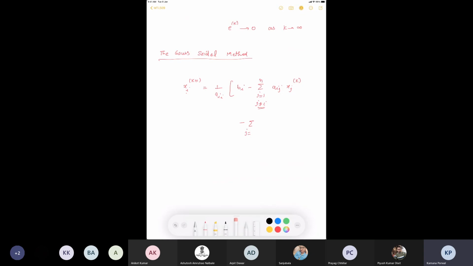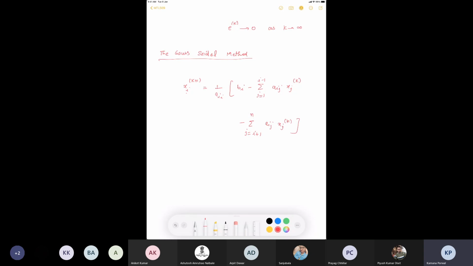So I can write this sum as j equal to 1 to i minus 1, and then j equal to i plus 1 to n. So this is what the Jacobi method is, right?